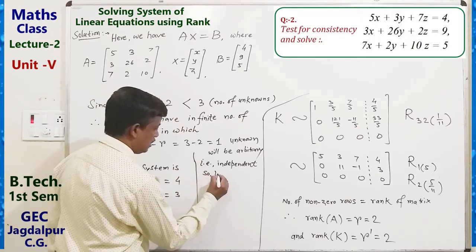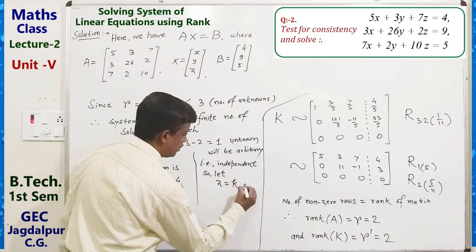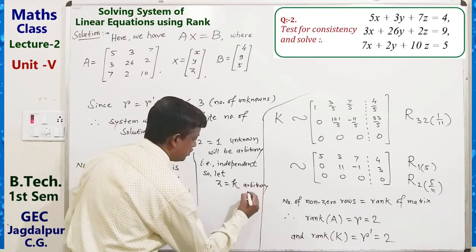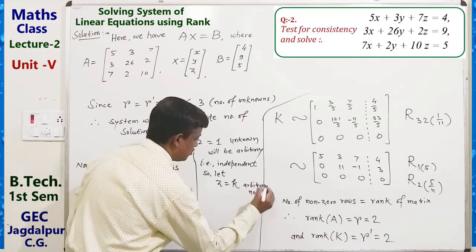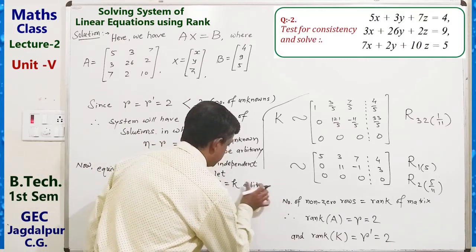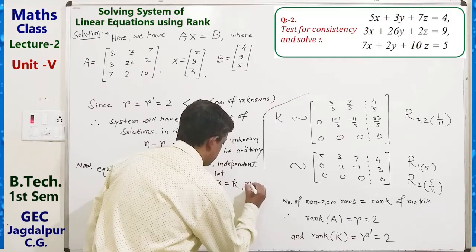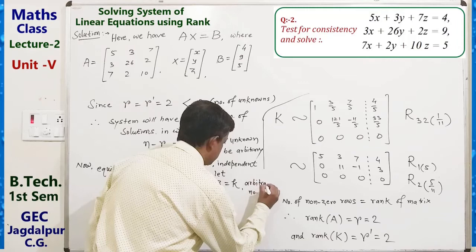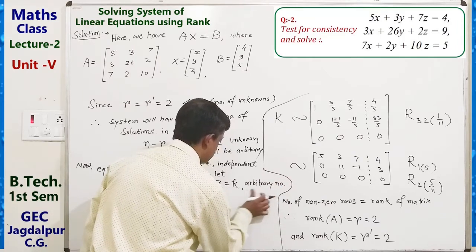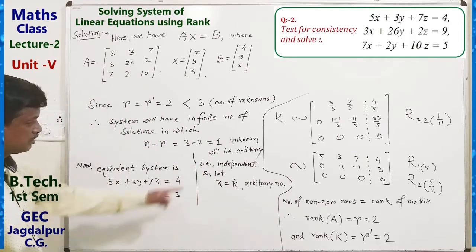So let z equal to k. K is an arbitrary number. Okay, arbitrary numbers. z equals k.